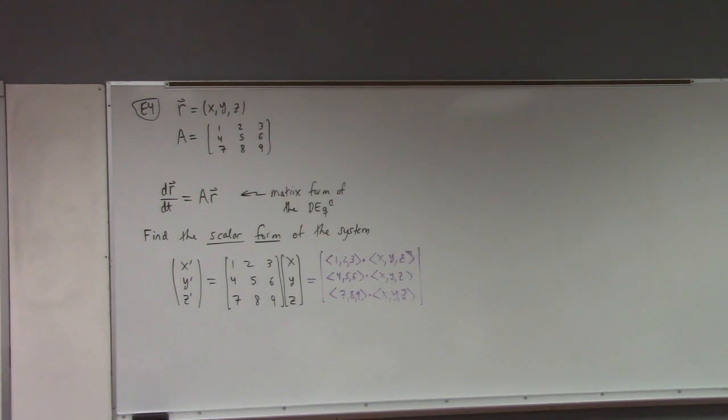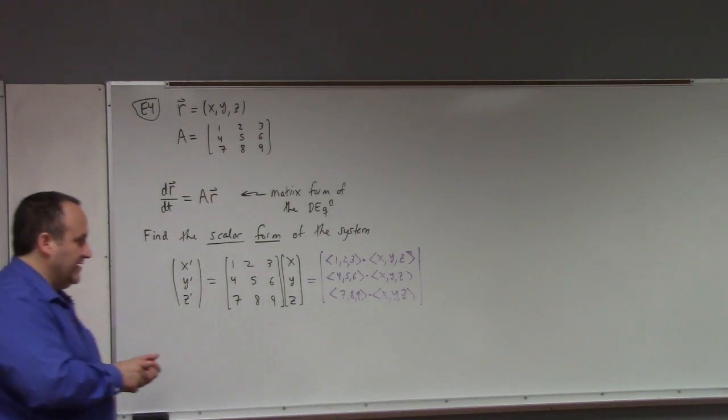It's the dot product of the column with the first row for the top spot, the dot product with the second row of the matrix for the middle spot, and the dot product of the column it's multiplying with the third row for the third spot. This is how we multiply a matrix times a column. It's dot products.